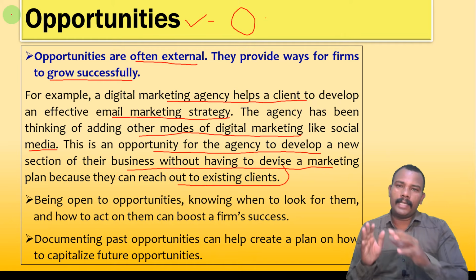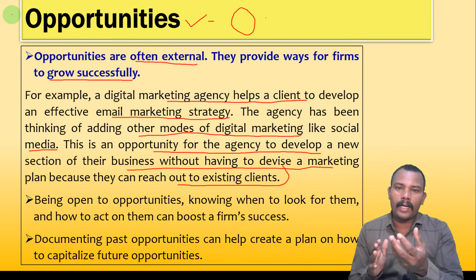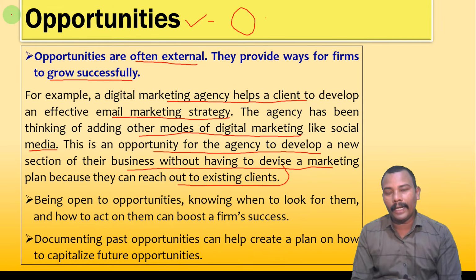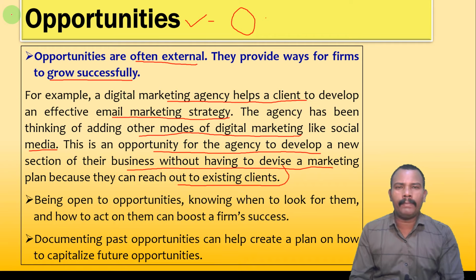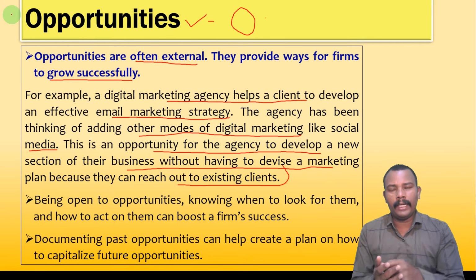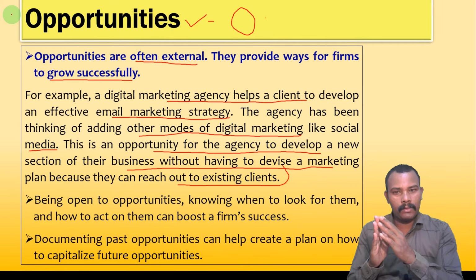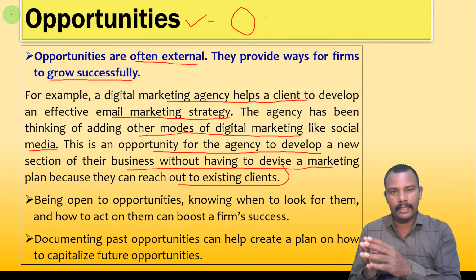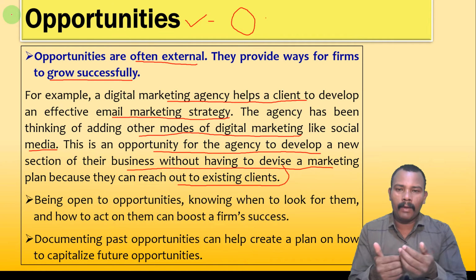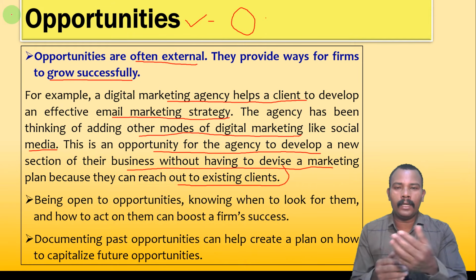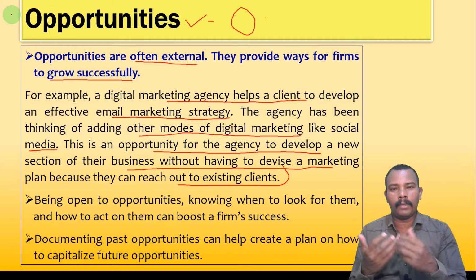Now that agency is thinking of another kind of digital marketing, and they are going to use social media. It can be Facebook, WhatsApp, Twitter, or other kinds of social media. In that case, what will happen? They already have the setup of the email marketing strategy, and with the help of social media they can reach other customers, other people also.